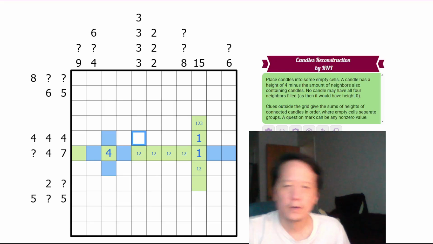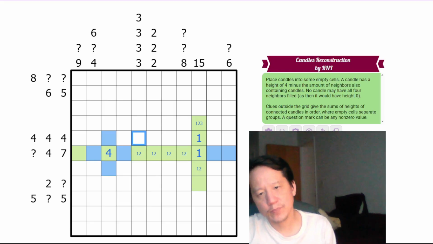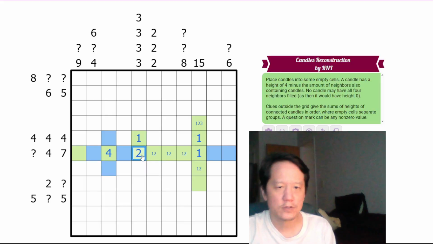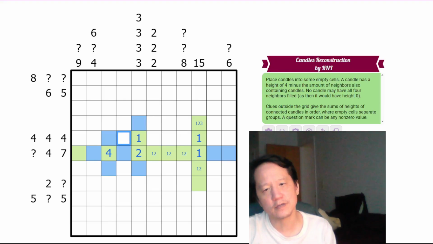What happens if it's there? Can you have a 1 there? Then that being 2. So this is 2, 4 minus the neighbors having candle, so this is not candle. This cannot be candle in that case, which means this would have to be shaded. That would be shaded. And I don't think that works.